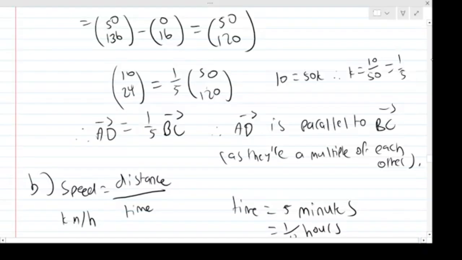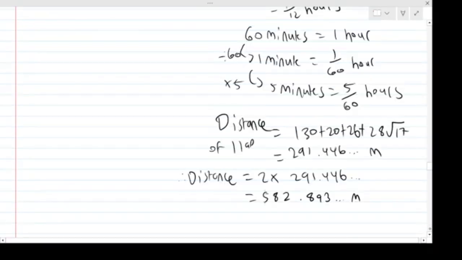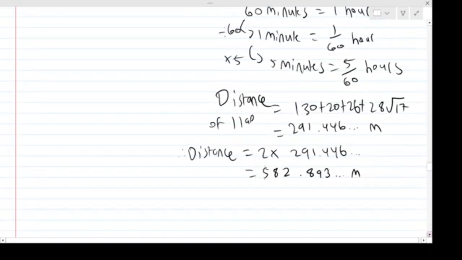But again, we need to pay attention to our units. Speed is kilometers per hour, so the distance needs to be in kilometers. To get from meters to kilometers, we need to divide by 1,000, because a kilo is 1,000, a kilometer is 1,000 meters. If we divide that by 1,000, we get 0.582 and so on kilometers, and that is my distance.